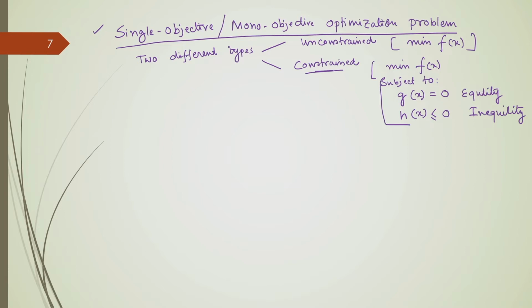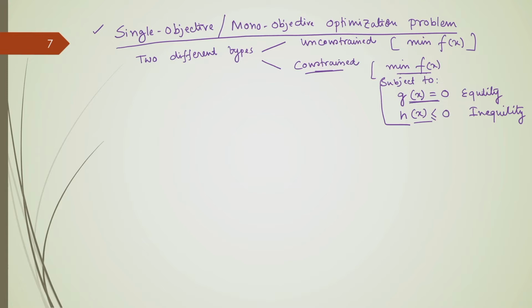So, when we have constraints in an optimization problem, there might be a number of equality or inequality constraints. But even if we have at least one constraint, our goal is not only to minimize f(x), but also to check whether the solution that we are getting satisfies these constraints or not.